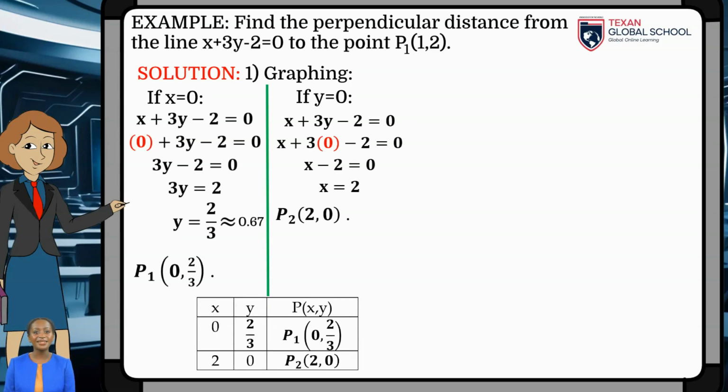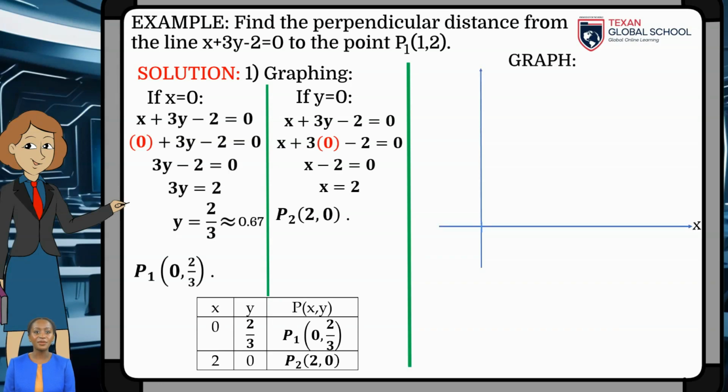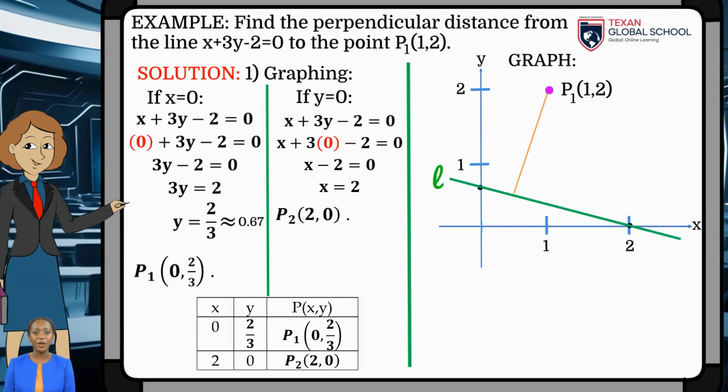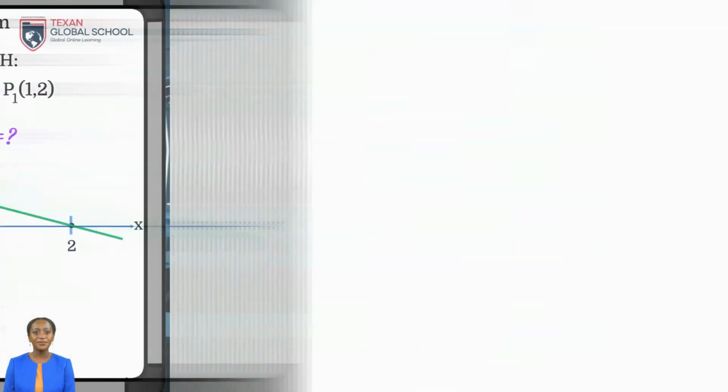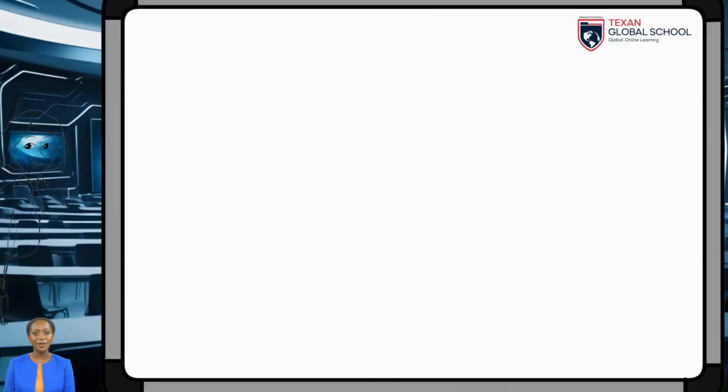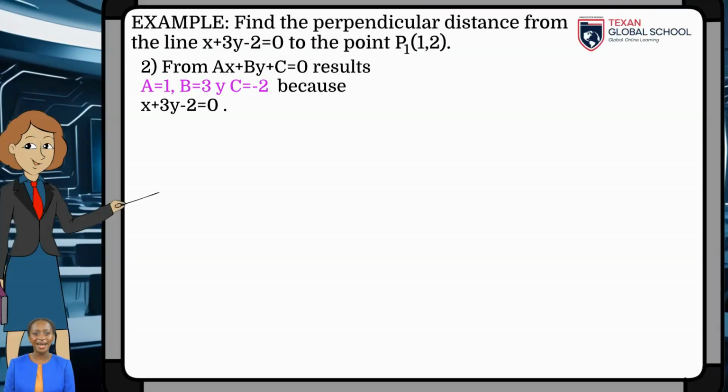Thus, we can see the tabulation with the 2 points to be able to graph the line x plus 3y minus 2 equal to 0, and the point P1 with coordinates 1, 2. Remember that the distance is perpendicular from the line to the point. Now, from the general form of the equation of a straight line ax plus by plus c equal to 0 it results that a is equal to 1, b is equal to 3, and c is negative 2.